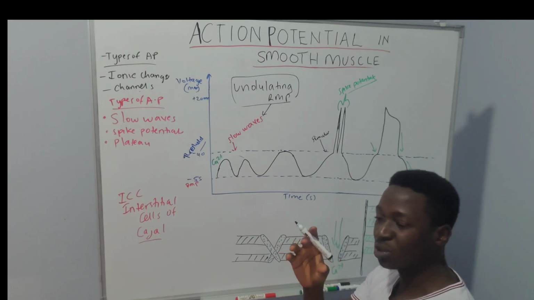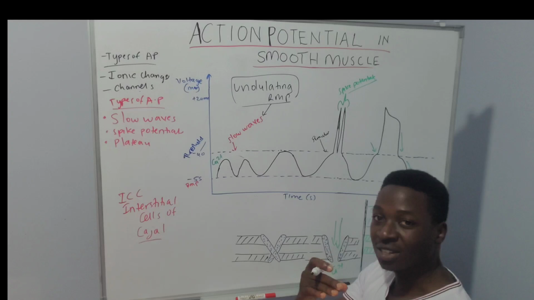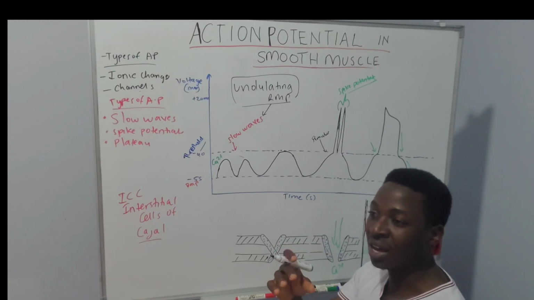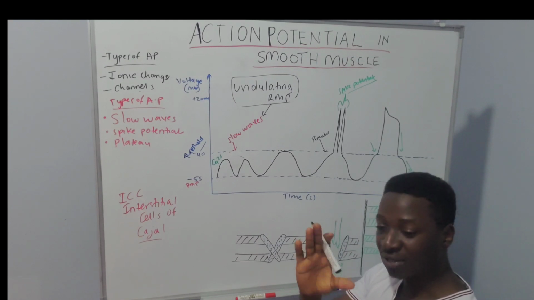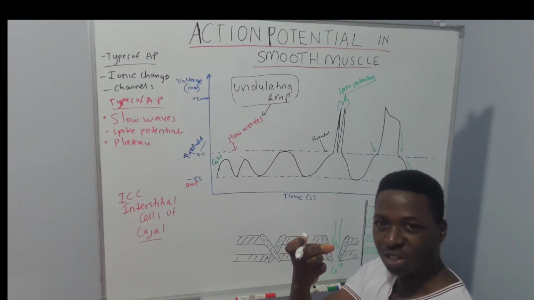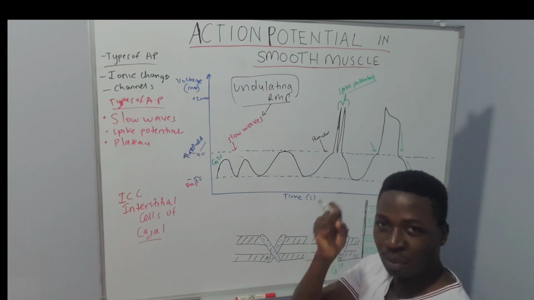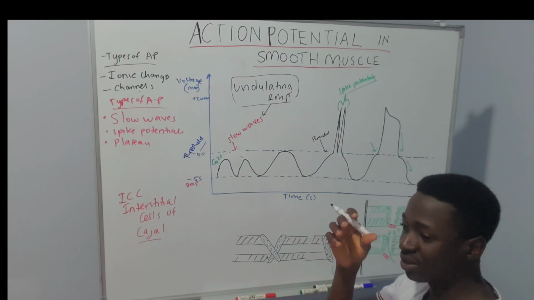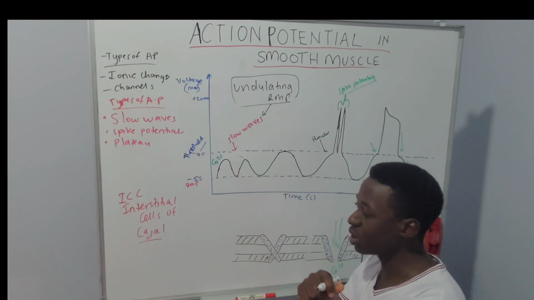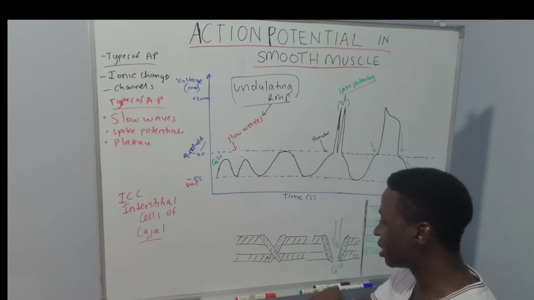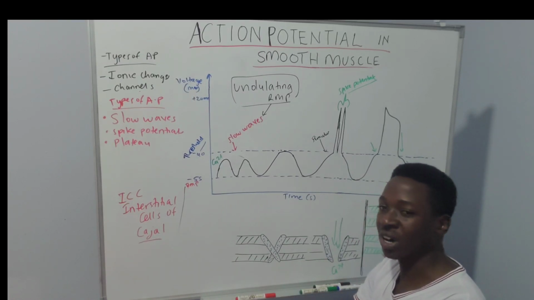So as these smooth muscles constantly have this non-static resting membrane state, they have this smooth muscle tone, and when you stimulate them, they are able to contract. That constant undulating resting membrane potential is exhibited by the presence of the ICC cells, the interstitial cells of Kajal.